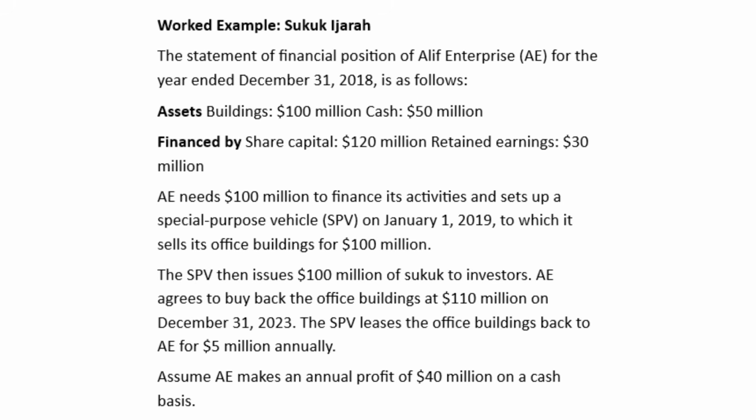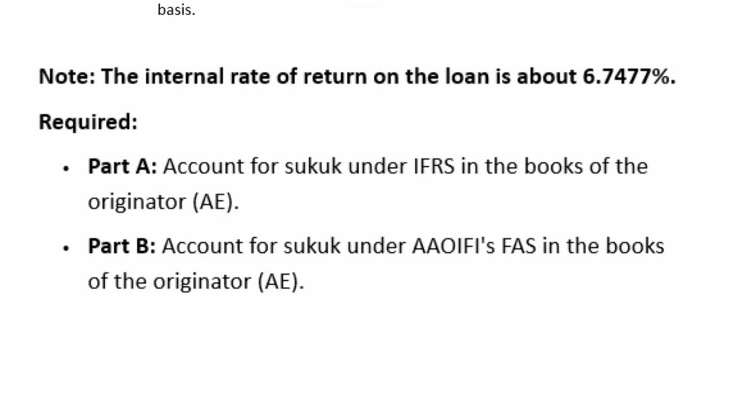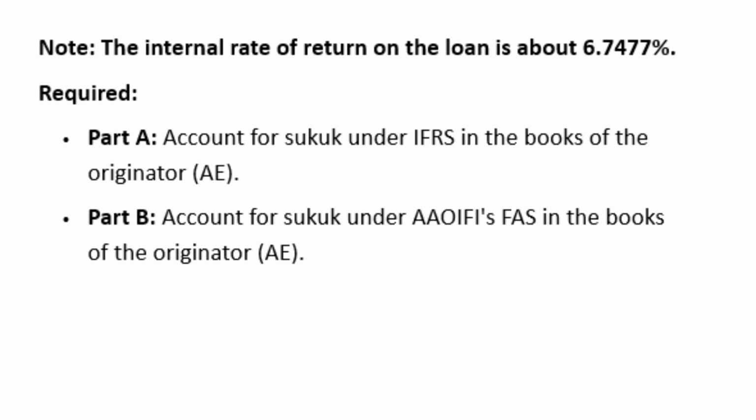The SPV leases the office building to AE for 5 million annually. AE makes a profit of 40 million each year. Let's assume that all transactions are on a cash basis, and the internal rate of return on the loan is about 6.7477%.